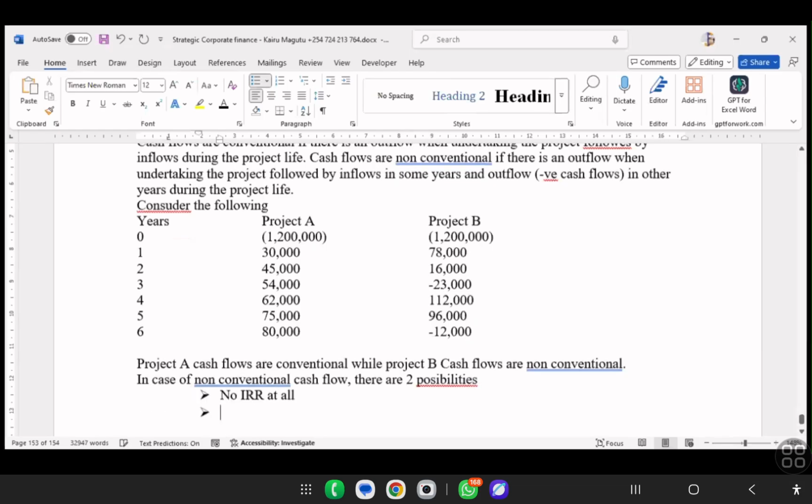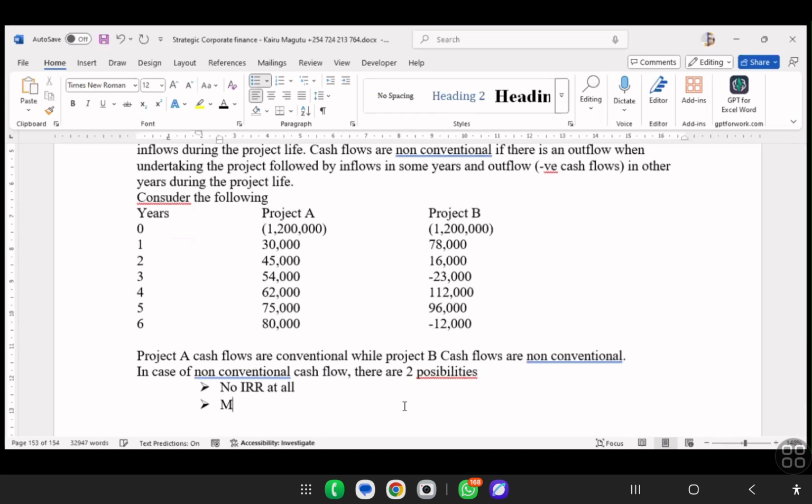Number two, multiple or more than one IRRs.